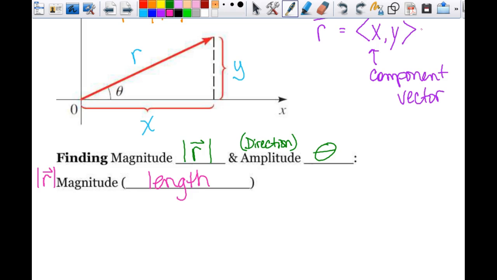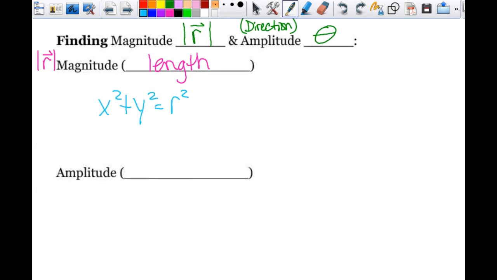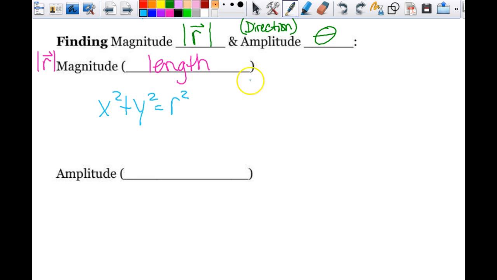So whether I have a picture or not, this is always in xy form. So I know then that x squared plus y squared equals r squared. That means then that r is equal to the square root of what? X squared plus y squared. Does that square root just knock the squareds off? No, it does not.